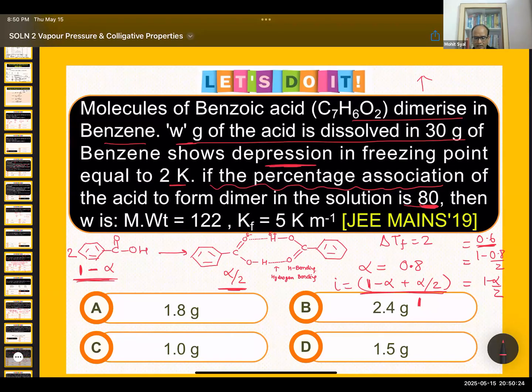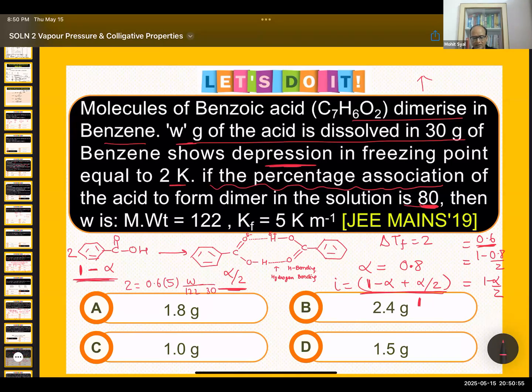So you are going to write delta Tf, that is 2, equal to i, which I already calculated as 0.6, Kf is given as 5, into molality. Molality is W by 122, which is the molar mass of benzoic acid, divided by the mass of solvent in kilograms.